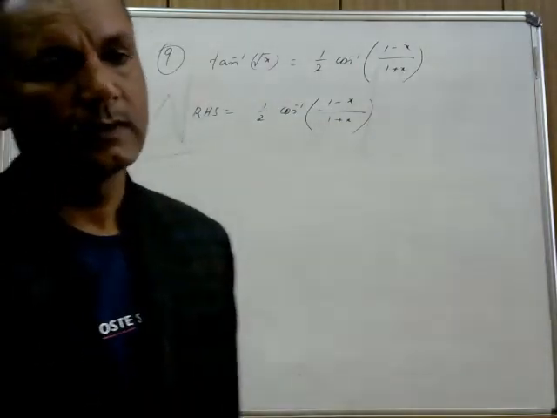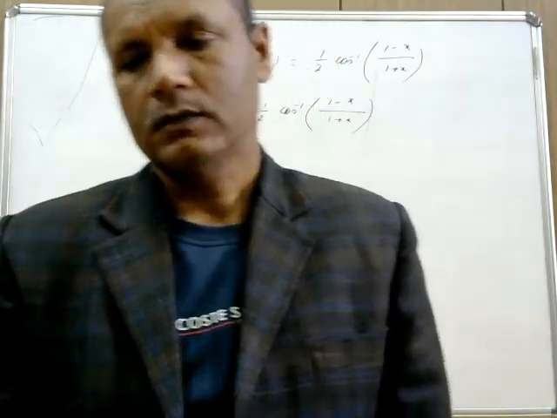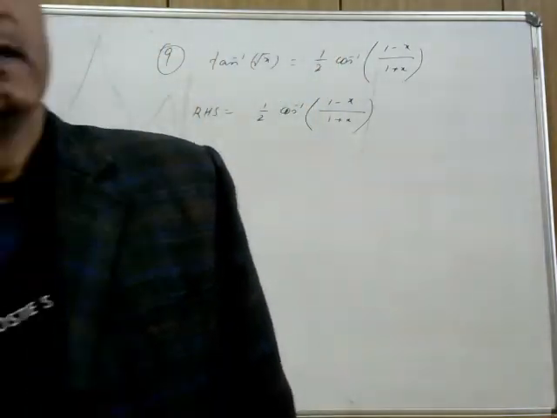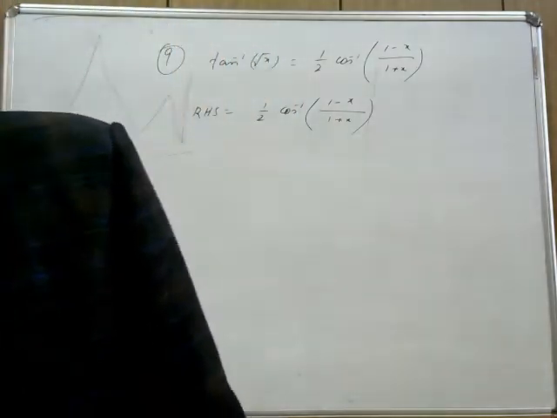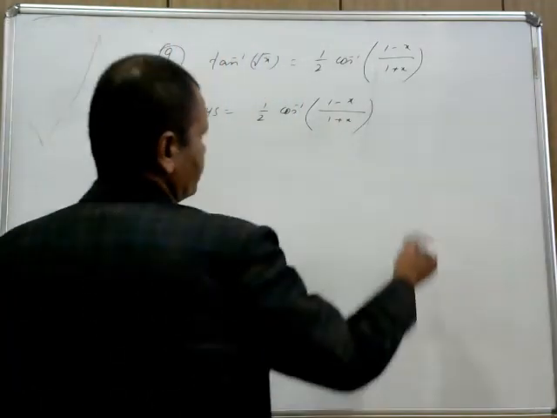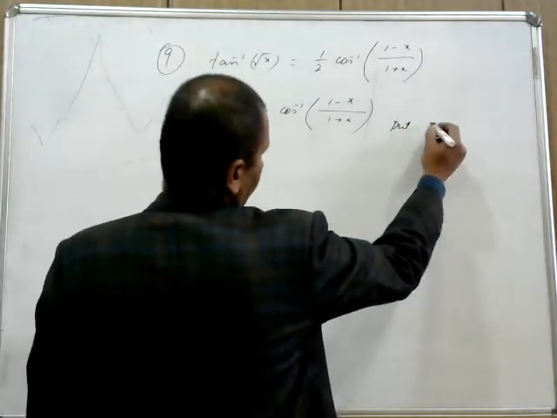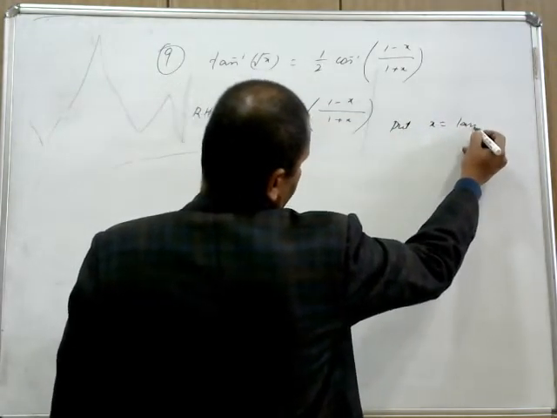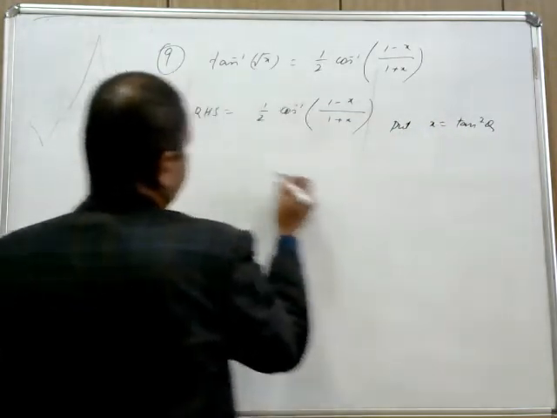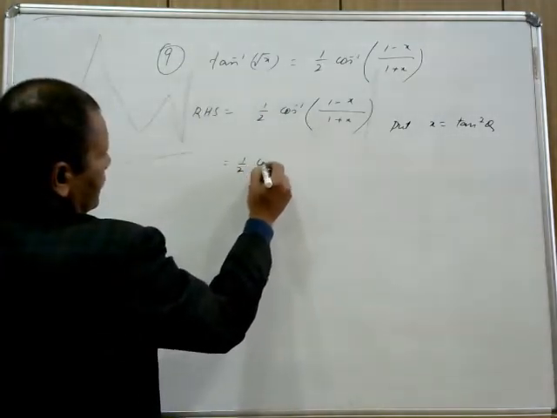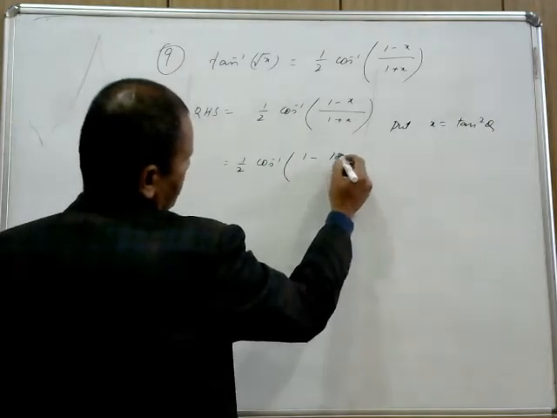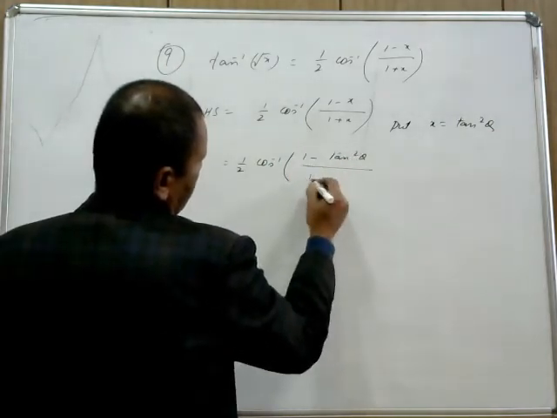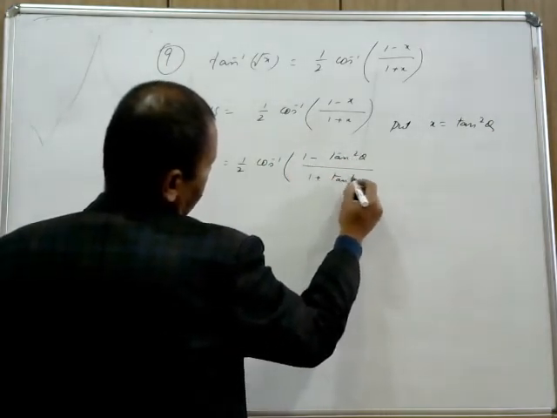Again the same, I'll ask you how to write cos in terms of tan or tan in terms of cos. If I put x is equal to tan square theta, what will I get now? Half cos inverse 1 minus tan square theta upon 1 plus tan square theta.